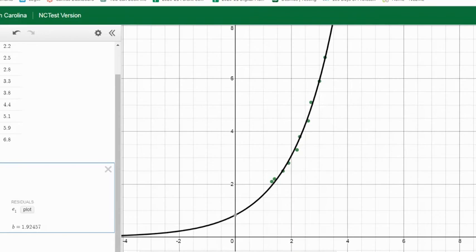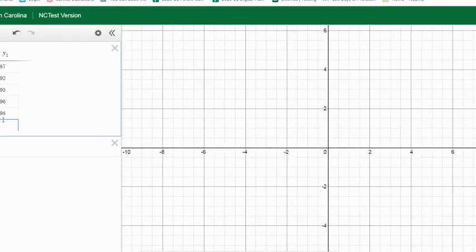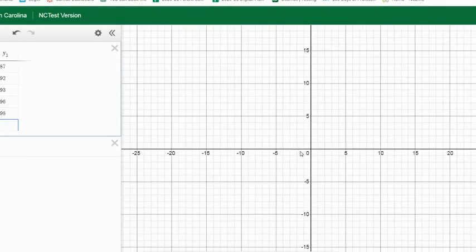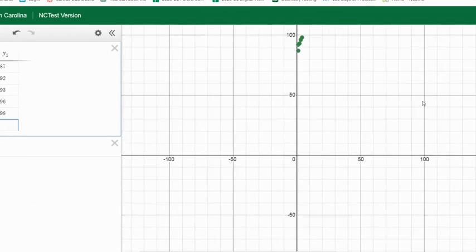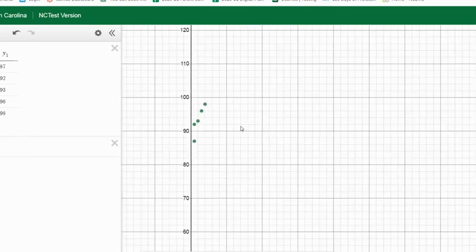The number of hours a student spends studying and the score they receive on the first 5 math tests. So pause, put that data into a table, and come back when you're ready. And I have mine ready to go. Now I do need to zoom out. All right, let's see.